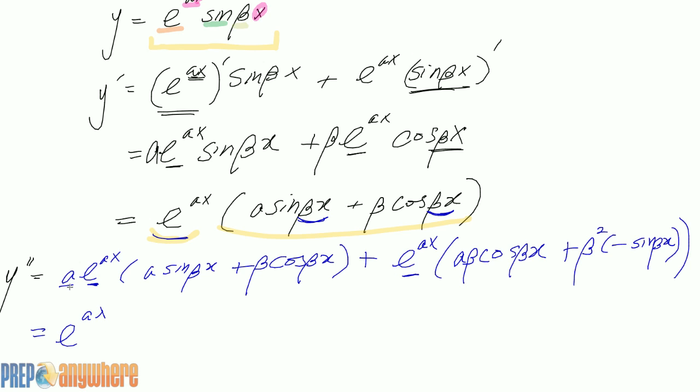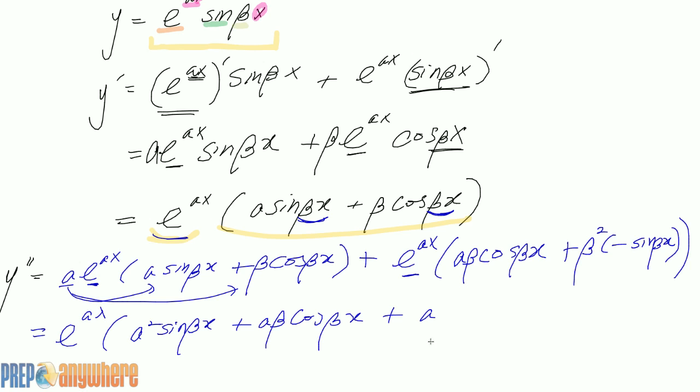Okay, and let me multiply this a in, and we get a squared sine beta x, a beta cosine of beta x, a beta cosine of beta x, minus beta squared sine of beta x.